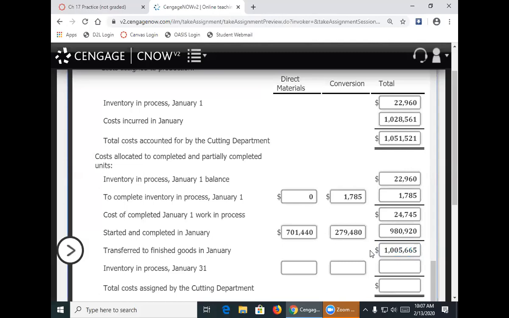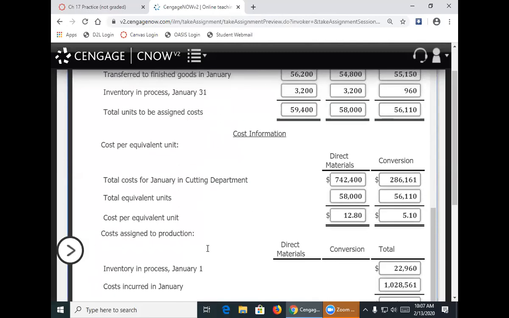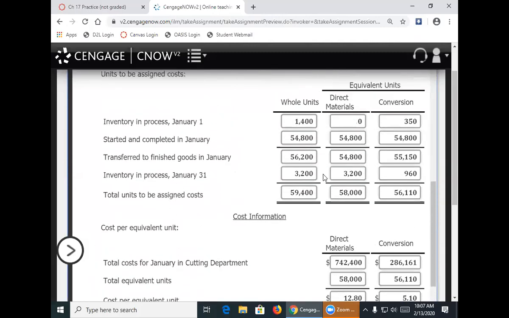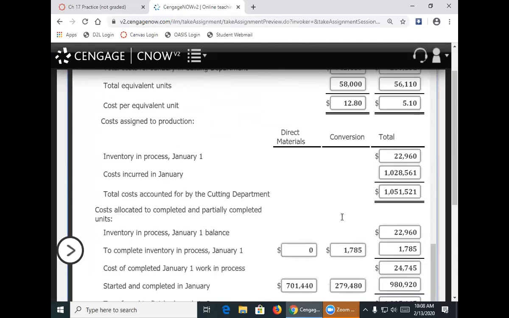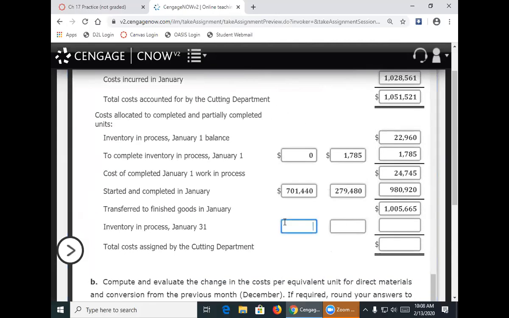And then last but not least, I want to know the cost to assign to ending inventory. My equivalent units of materials for ending inventory are 3,200. So 3,200 EUs times $12.80 per EU. Ending inventory for materials, $40,960.